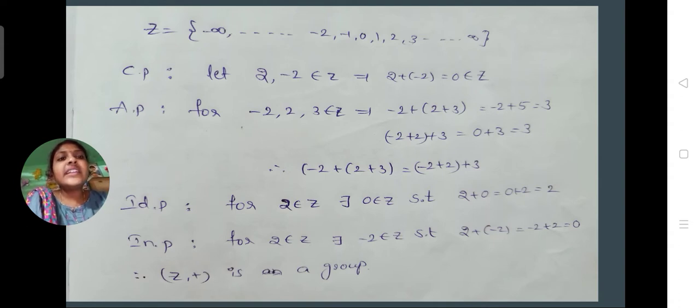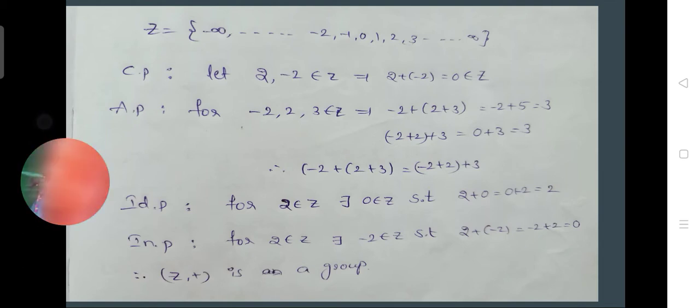If we take 3 from Z, then 3 plus minus 3 is equal to 0, so minus 3 is the additive inverse of 3. So finally we conclude that minus a is the additive inverse of a and 0 is the additive identity element of the set.